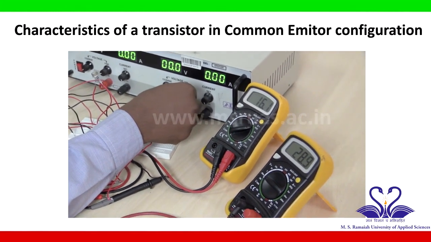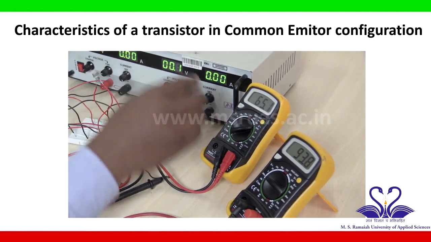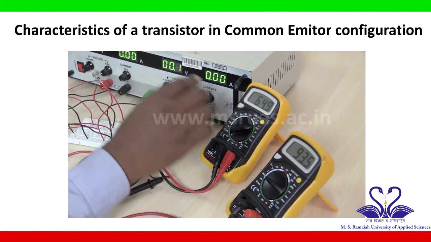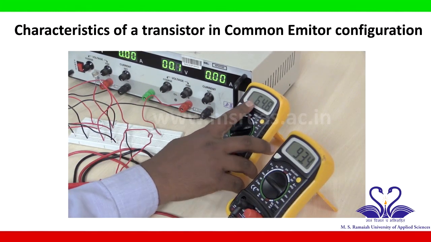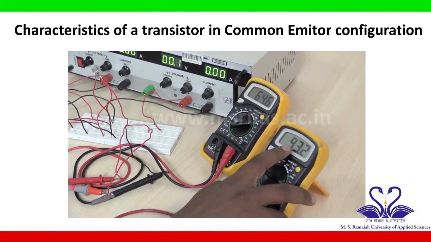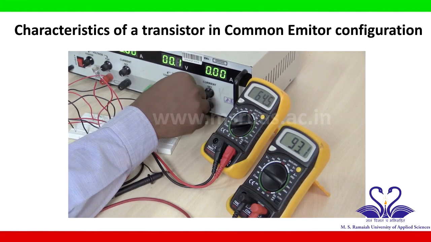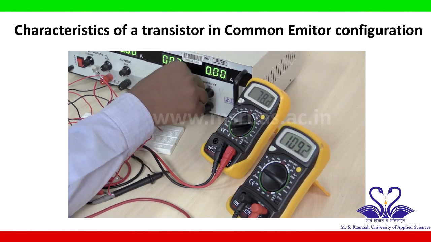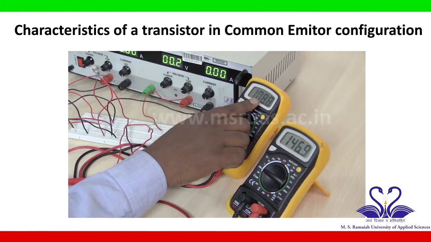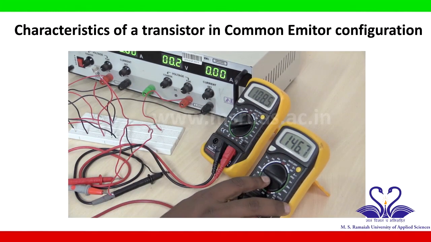For the VCC of 0.1 volt, we are getting IC as 64.7 microamps and VC as 93.2 millivolt. And next vary this in terms of 0.1, that is make it 0.2, and for that the corresponding IC is 108 microamps and VC is 146.6 millivolt.